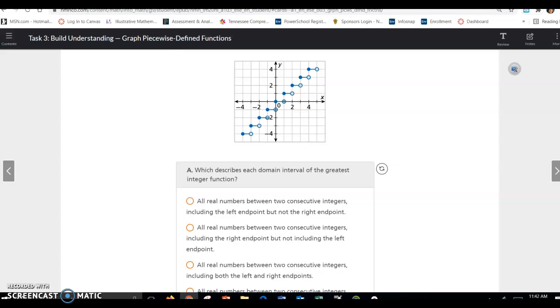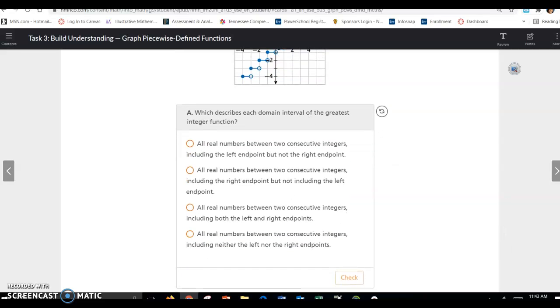All right, so the domain: all real numbers between two consecutive integers, including the left endpoint but not the right. So it does include the left point because that's solid, and it does not include the right. All numbers between consecutive integers, including the right but not the left, that's not true. All real numbers between two consecutive integers, including both the left and the right.